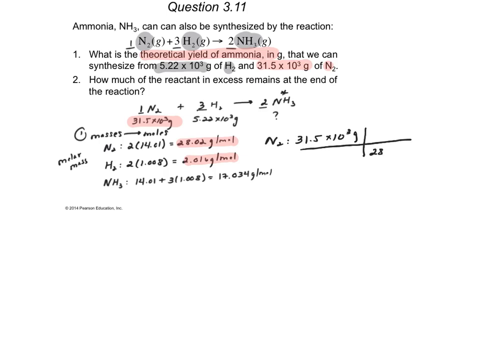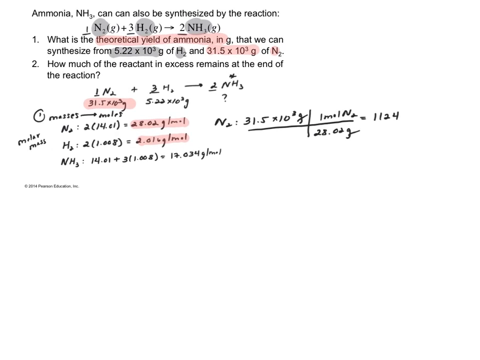The grams cancel, and we're left in units of moles. So we take 31.5 times 10 to the third and divide by 28.02. That gives us 1,124 moles of nitrogen.